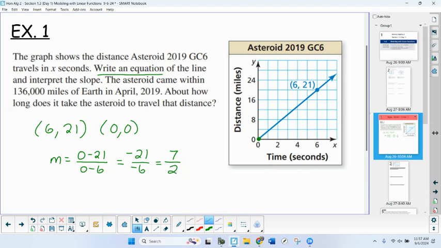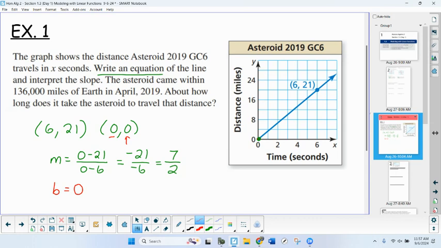So I have my slope. Do I know my y-intercept without doing any work? Yeah. Where's it crossing the y-axis at? 0. So I also know b. Remember, the definition of the y-intercept is where does it cross the y-axis? When x is 0. So right here, when x is 0, what's y?